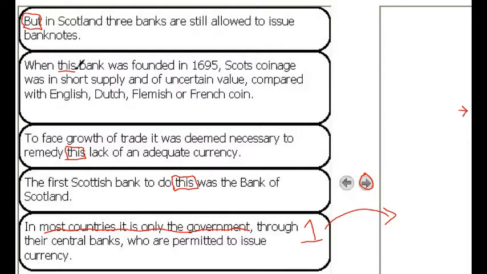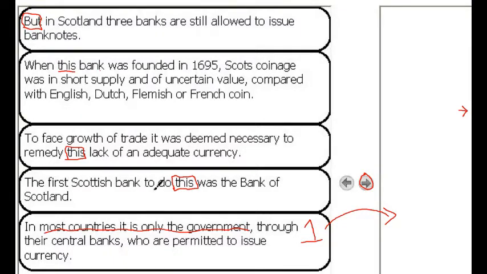When this bank was founded, that's referring to one specific bank already mentioned, and it hasn't been mentioned yet, so that's not the second sentence. To face growth of trade, it was deemed necessary to remedy this lack of an adequate currency. A lack of an adequate currency hasn't been mentioned yet either, so that's not the second sentence.